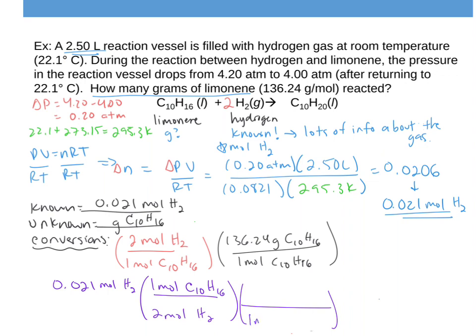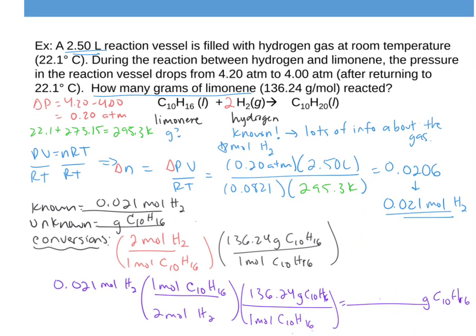So I need to convert my moles of the limonene, the C10H16, into grams using that molar mass, so that I get the grams of the C10H16. And if you punch that into your calculator, you should end up getting 1.4 grams of limonene. And so that's how you'd solve for those.